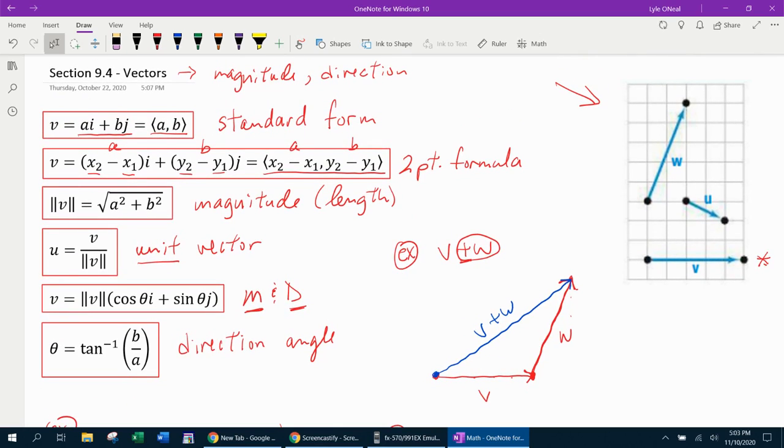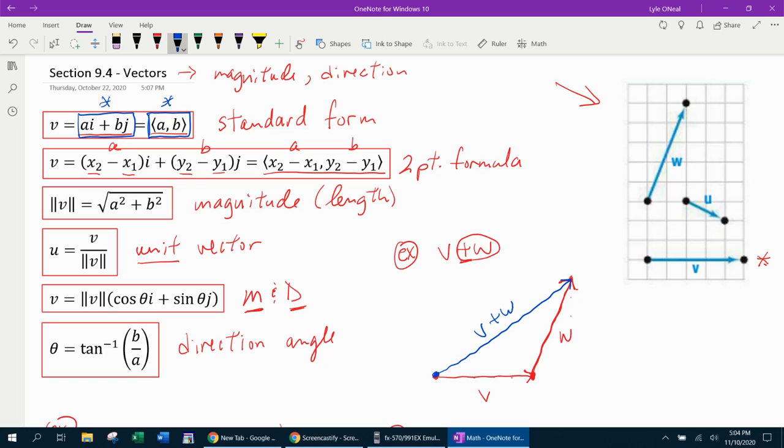Now, as far as I'm concerned, you can write it as ai plus bj, or you can use this ordered pair notation. Whichever one they ask for is the one that you need to use. I'm going to stick with the ai plus bj notation. Just know that this other notation exists, and if they ask for it, you're going to need to give that.